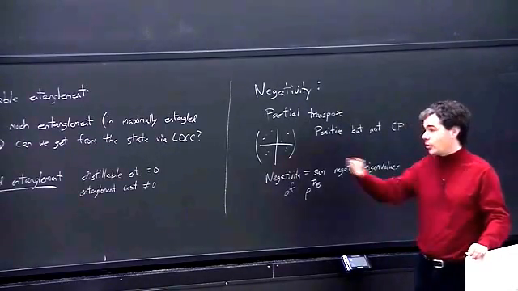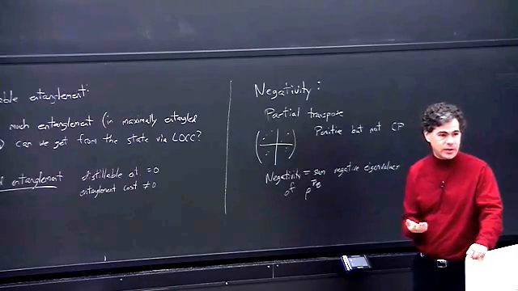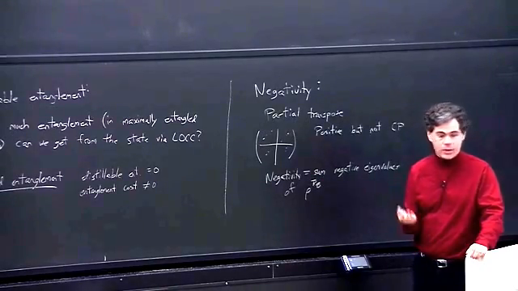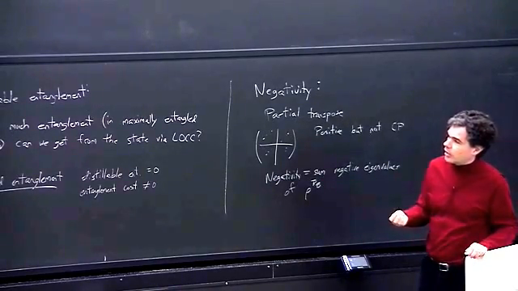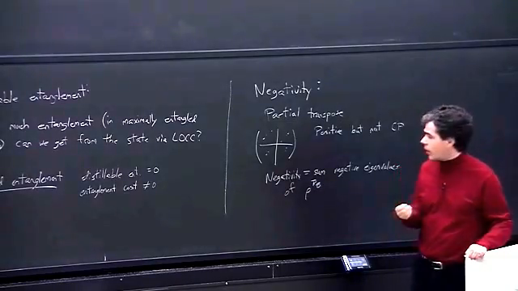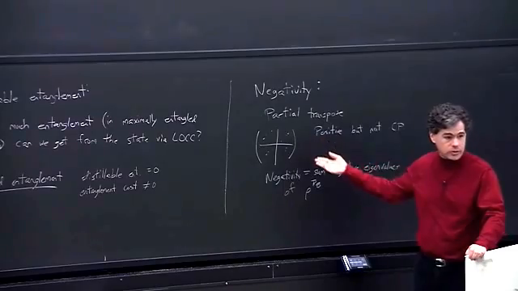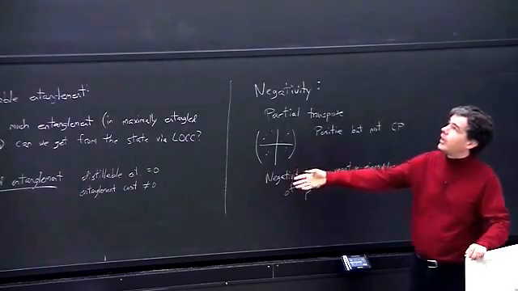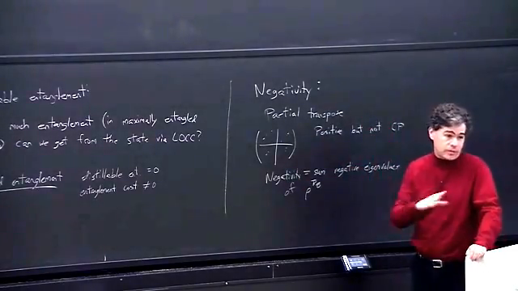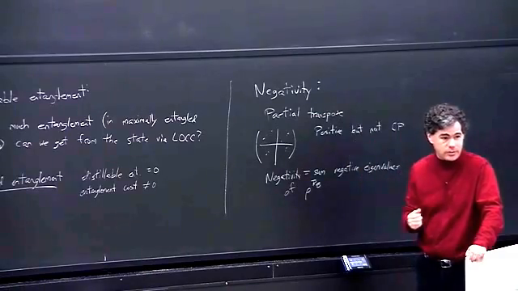I mean, just being able to tell whether something is a bound entangled state or not is a difficult problem. Obviously, telling whether it has non-zero negativity is not so hard. It's something you can just compute. But distillable entanglement and the entanglement cost, things like that, are very hard to compute because they involve these infinite maximizations.